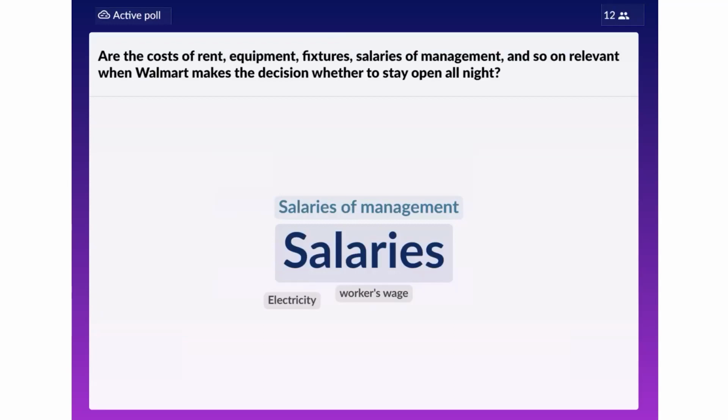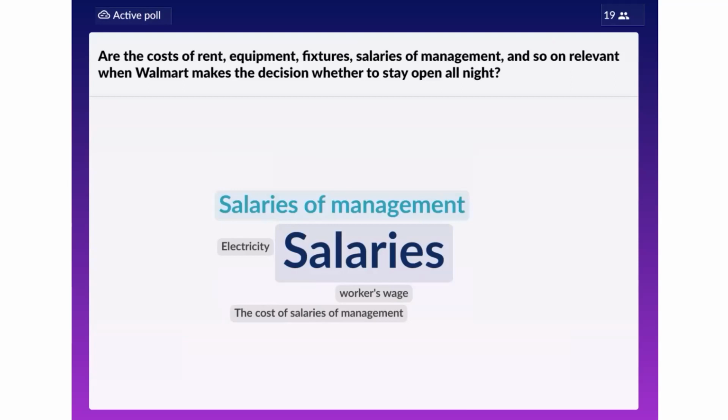So that includes the salary of the clerks, the inventory that you sell. To operate, you need electricity and all that. But for example, the salaries of the management, if that's not affected by whether or not Walmart is operating all night, then that does not factor into Walmart's decision.